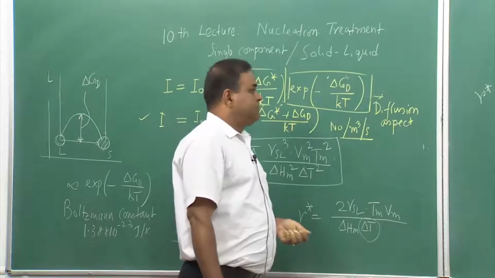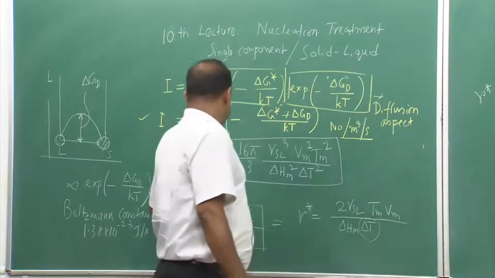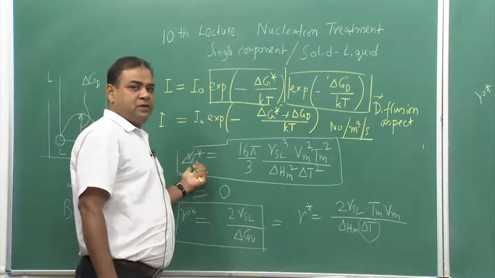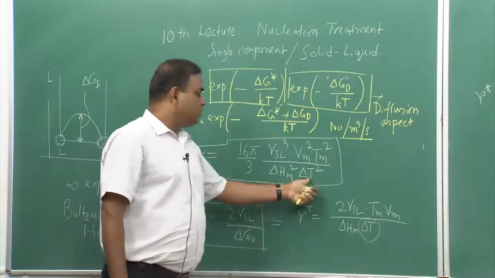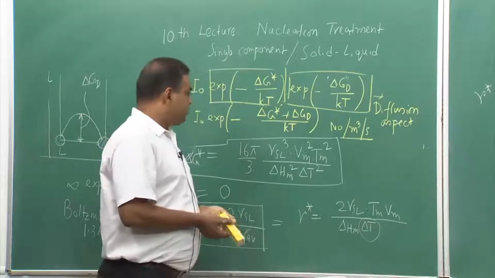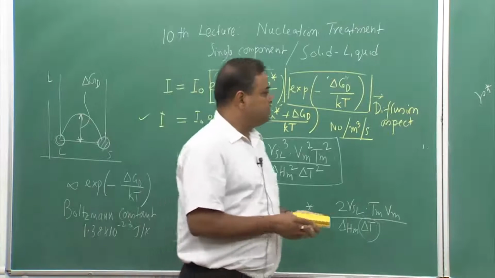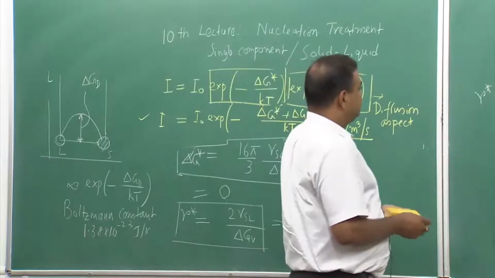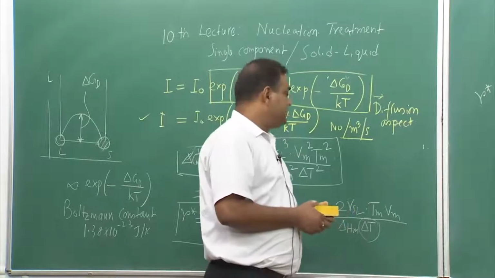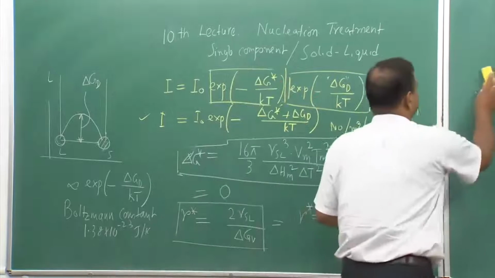At the same time, if I try to see delta G star value, at delta T 0, delta G star value would be very high. Now, another thing: if I try to plot at different temperatures what would be the variation of R star, we can also have a plot like that.